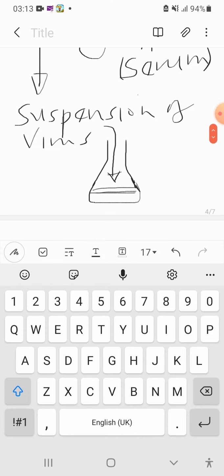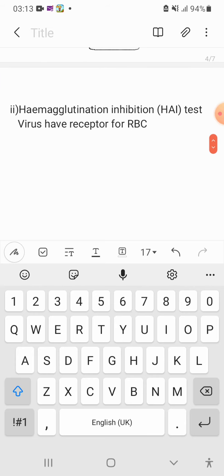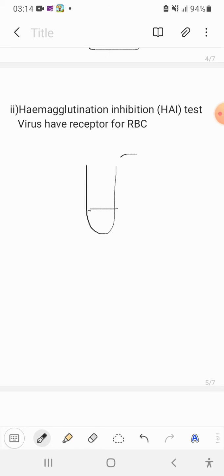Then we move on to hemagglutination inhibition. Again, if you suspect that the body of an individual has a particular virus, then you take the serum and put in a tube. Then add the virus.